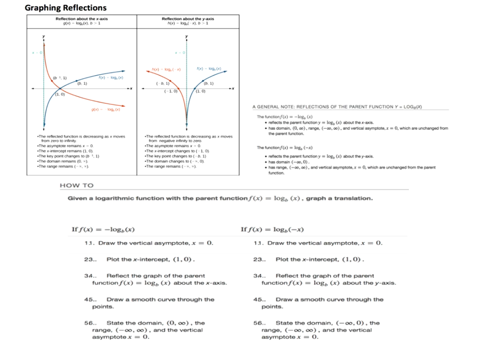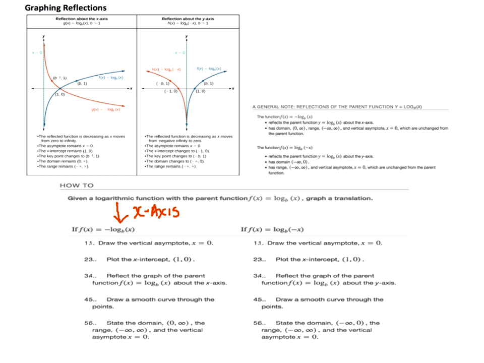Okay, reflections. If you multiply by a negative on the outside of the function, that is a reflection in the vertical direction. So that is going to reflect over the x-axis.